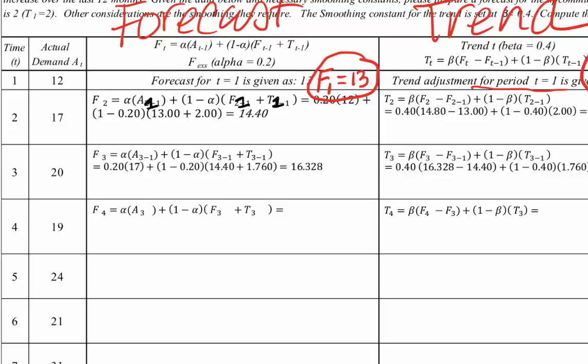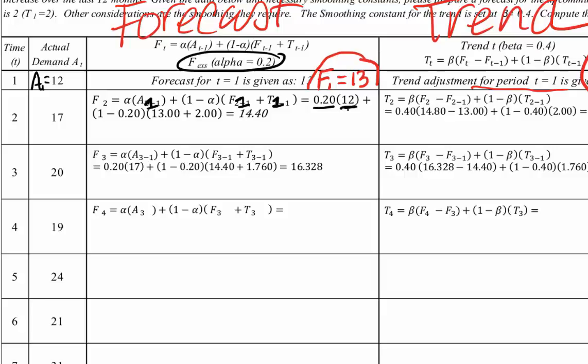So now we can go ahead and plug in our values. So we got 0.2, that's the alpha, we have that right there, times 12. So 12 is located here, that's A of 1. That's where we got that from. Plus 1 minus alpha, and then we have 13 plus 2.